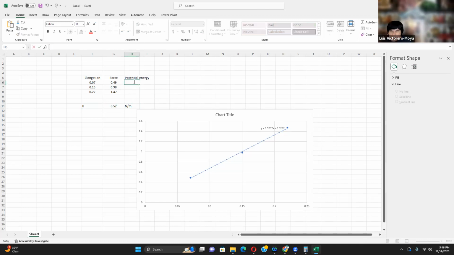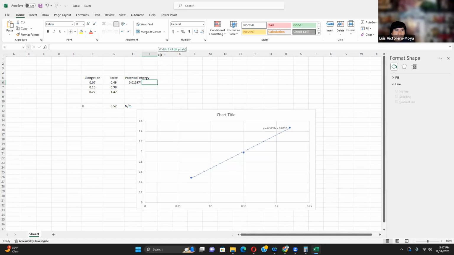So this is wrong. This would be 1/2 K times 0.07 squared. And that was what we got before, right?